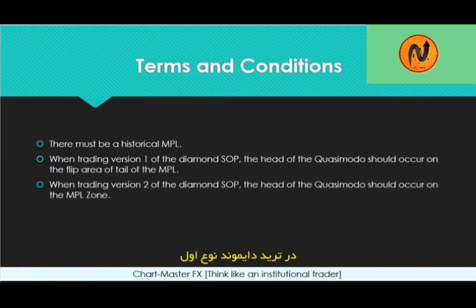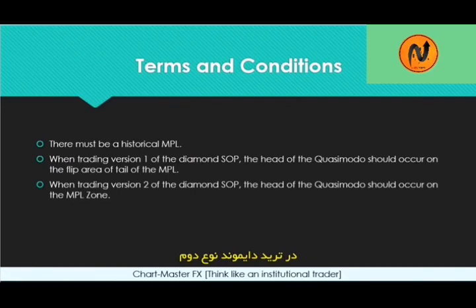Then when trading version 1 of the diamond SOP, the head of the Quasimodo should occur on the flip area or tail of the MPL. So as we saw on the charts, the head must be on the flippy area. You saw that, guys, and you need to make sure that all the conditions have been met.